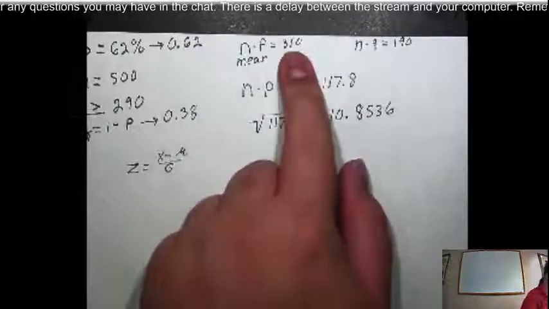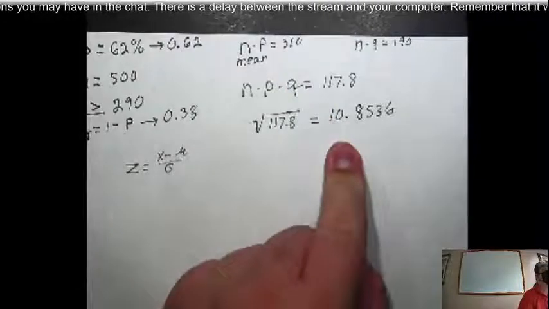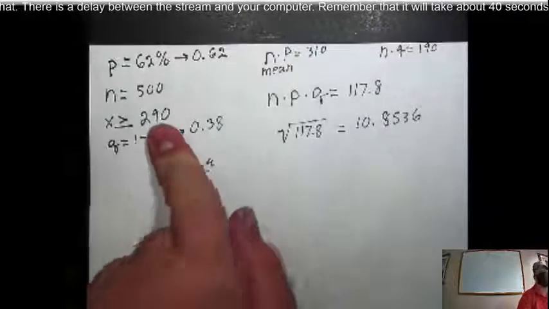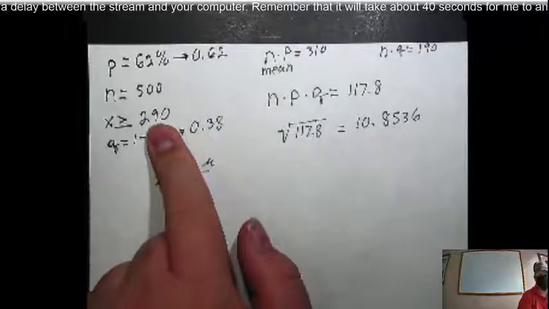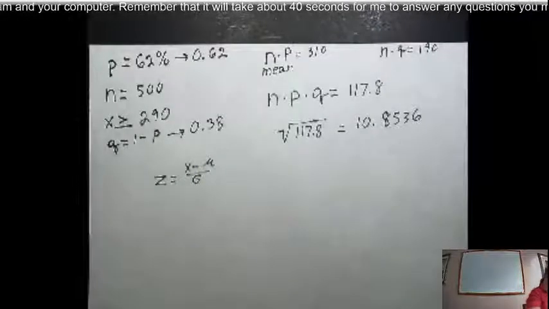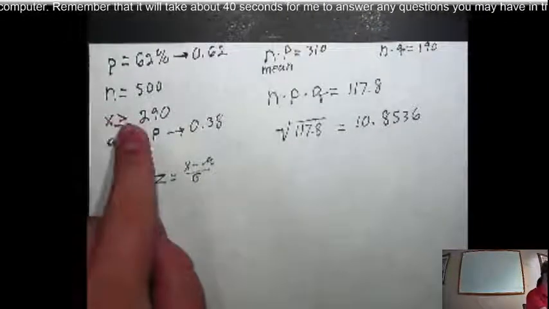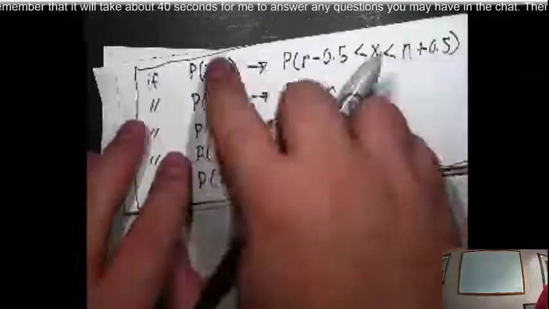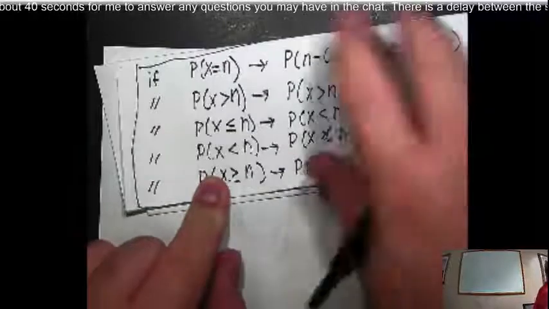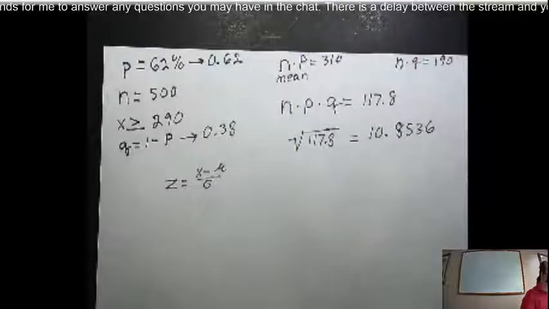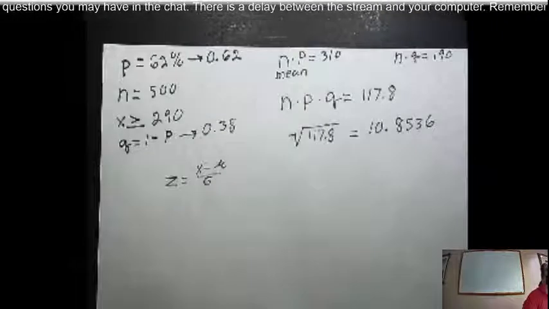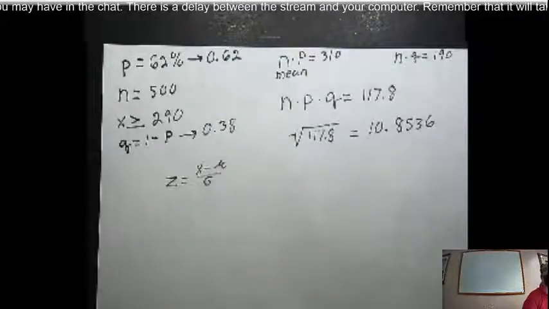Okay, so we have our mean, we have our standard deviation, now we need our x. And our x is right here, but we need to change it so that it fits the model better. So we need to go and look at our chart. This is x greater than or equal to, so we need to subtract 0.5. So 290 minus 0.5 is 289.5.